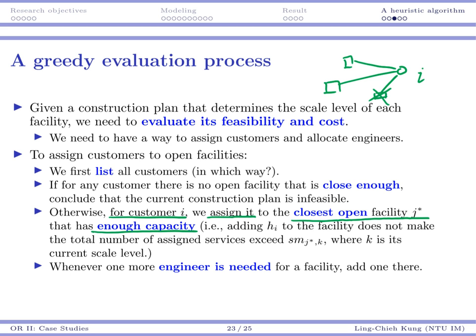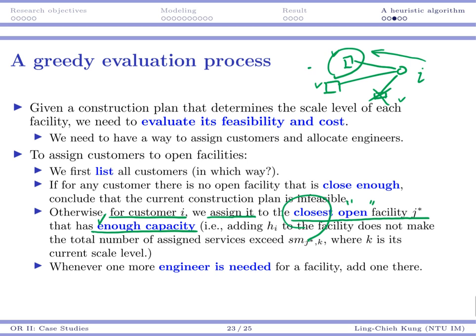So we will take a look at I and take a look at all the surrounding facilities to see which is an open facility that is the closest. Okay, maybe this one. And then we do the assignment. But when we want to do that assignment, we also understand that there is a capacity issue. So there are two things that we may need to do.